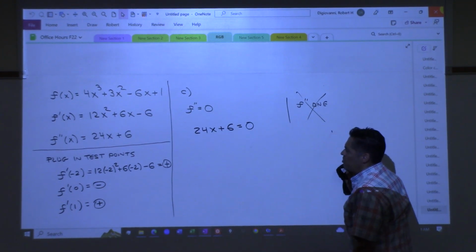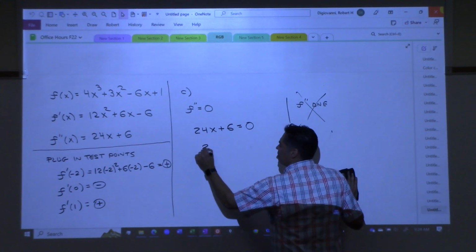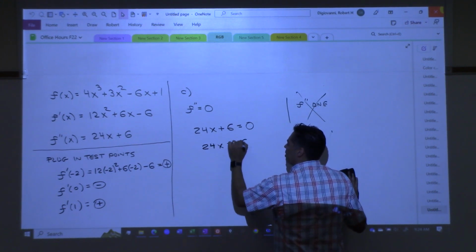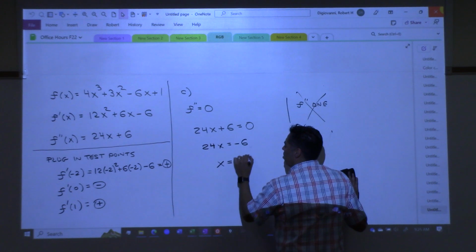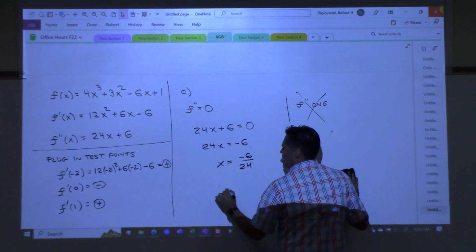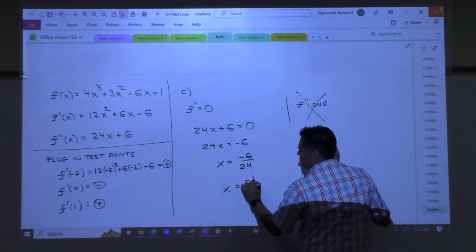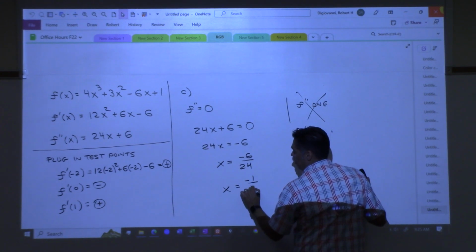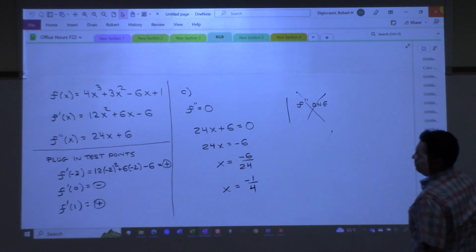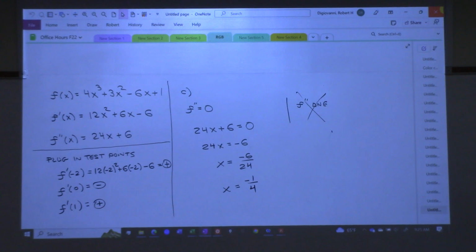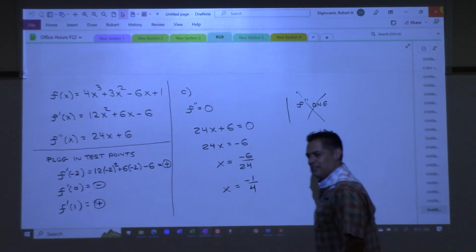That's pretty straightforward, right? It's a linear equation. So just subtract 6 on both sides and then divide both sides by 24. And that reduces to -1/4.